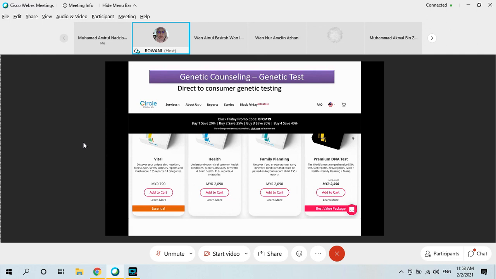This is not really very ethical. And to give the correct information, what does the genetic test mean? So this direct to consumer genetic testing is not really acceptable in many countries, but it is mushrooming all over the world.